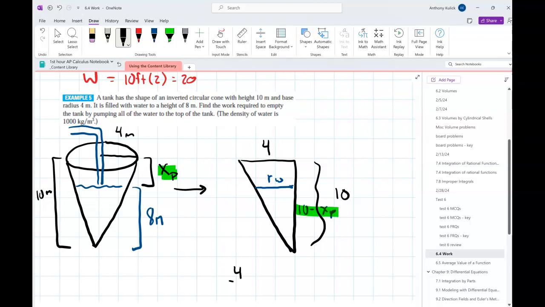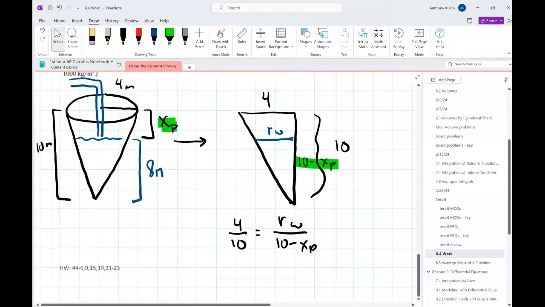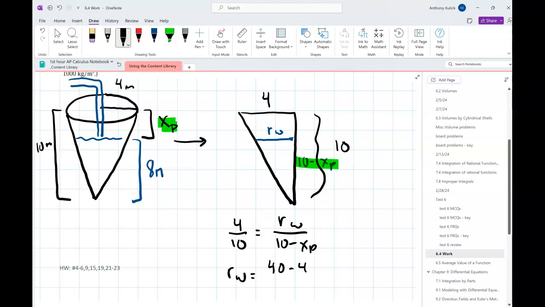We can say 4 over 10 equals Rw over 10 minus xp. So I can say that Rw equals (40 minus 4xp) over 10. So far, so good. Okay.